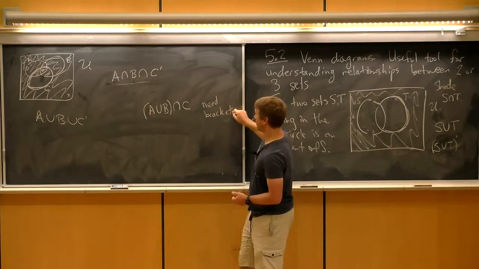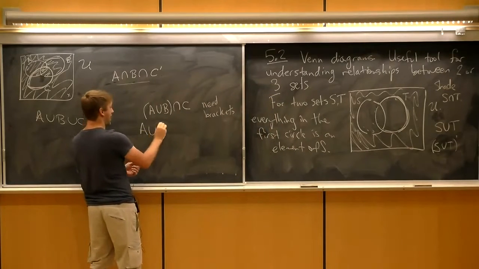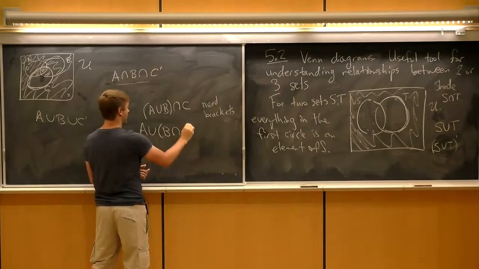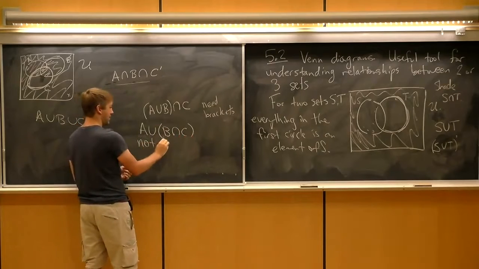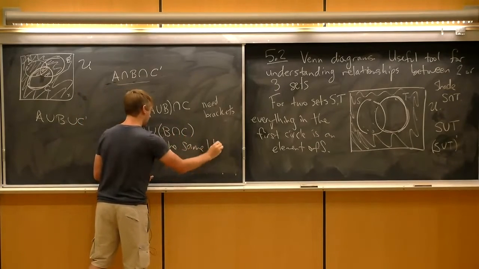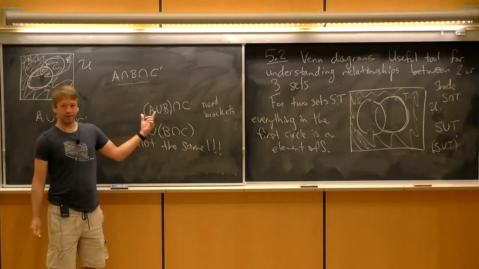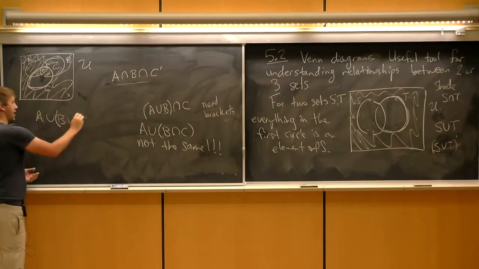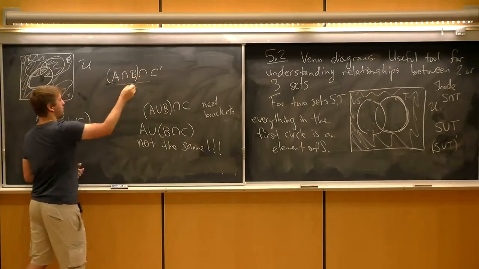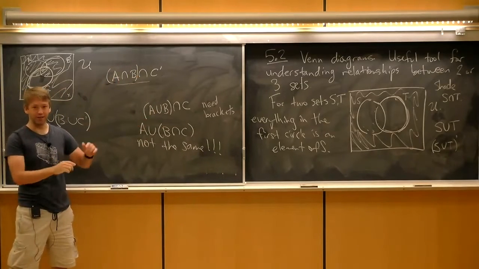Because if I change the brackets, these are not the same. Here I could have written brackets if I wanted to, but it wouldn't change anything. But if you have a mixture, you have to be careful.